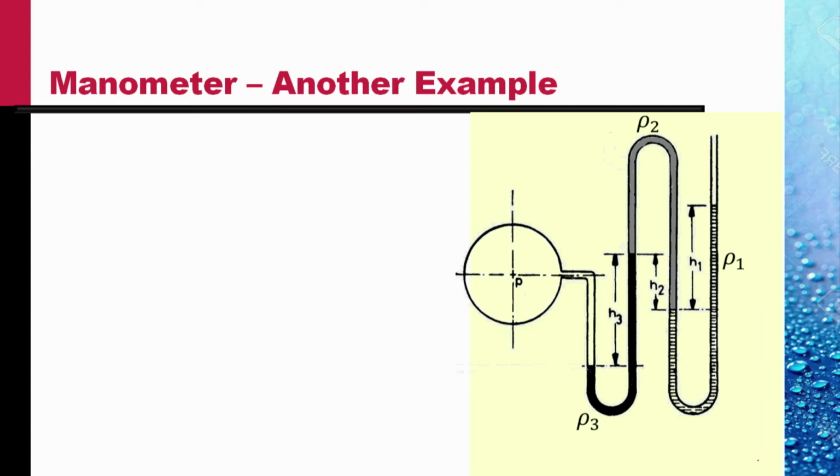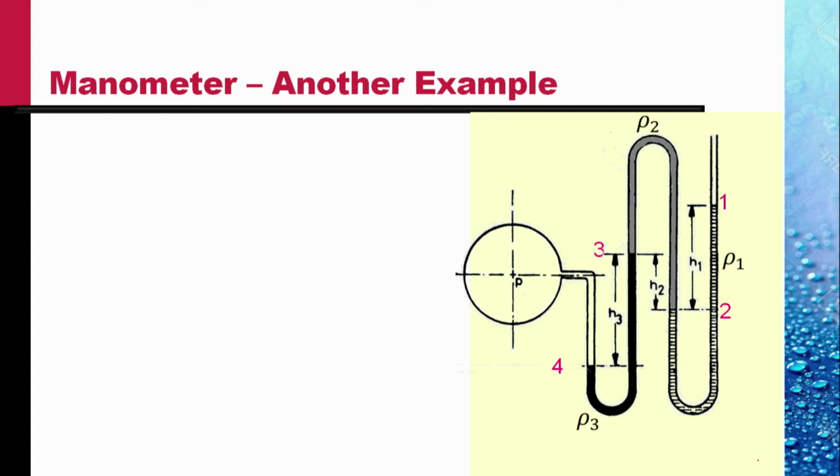We use the standard method of calculation: we seek points at the same level connected by the same fluid and equate the pressures in the two different limbs, and then we move up and down within a fluid to the next interface.